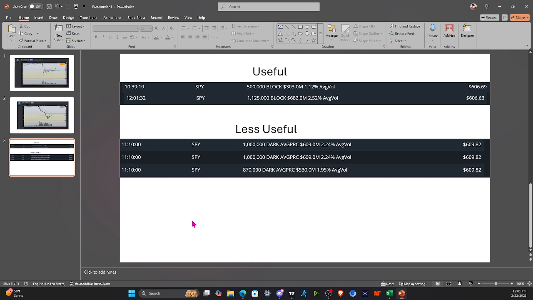The higher the percentage of average 30-day volume, the more significance that particular transaction might have.